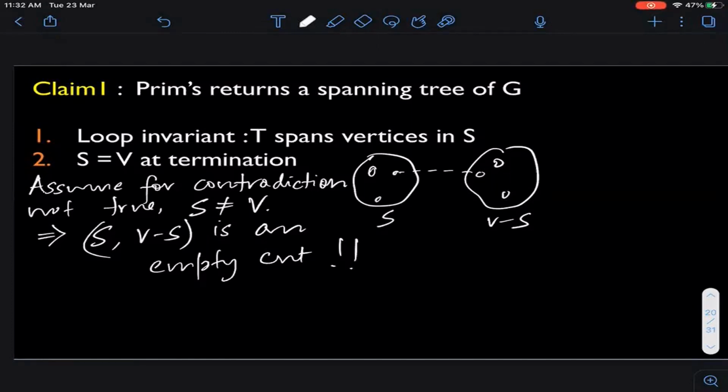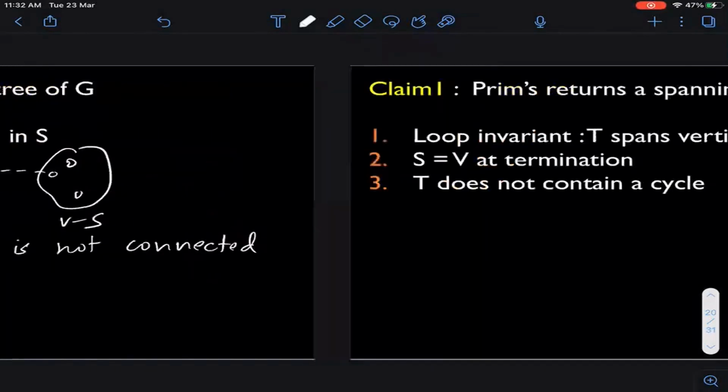We know that if there is an empty cut, then the graph cannot be a connected graph. So this can only happen if your graph is not connected. So if your graph is connected, then S has to span all the vertices at the end of the procedure. This implies G is not connected. Cool. Any doubt about this part? Okay. So let's do the third part.